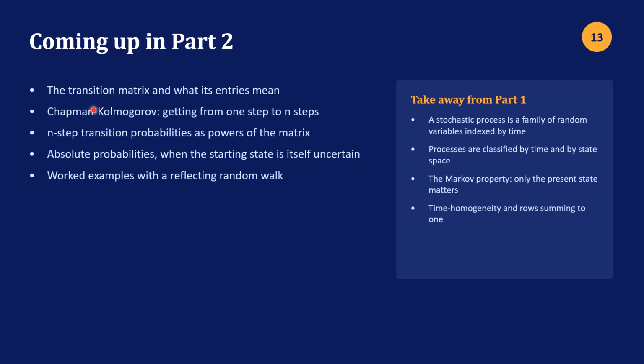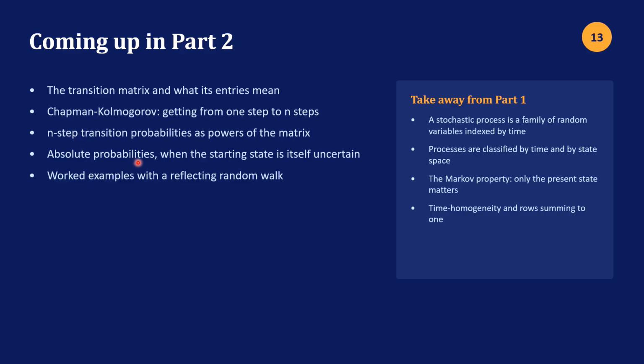That's called the Chapman-Kolmogorov equations. And that'll actually be, once we have the matrix of going from one step between the states, we can just raise that to a power, and we'll get these probabilities of going from one state to another in n steps. So we'll work through that.